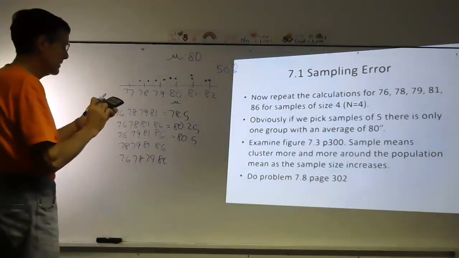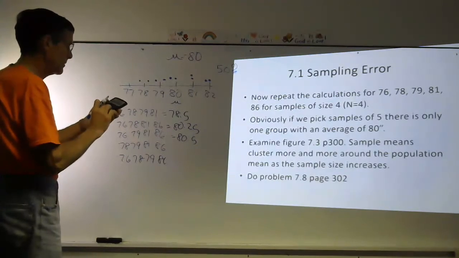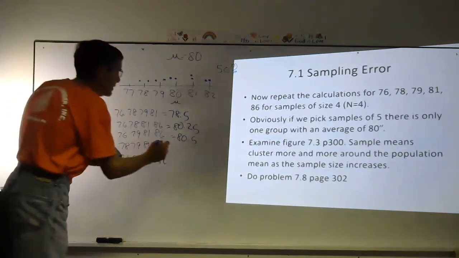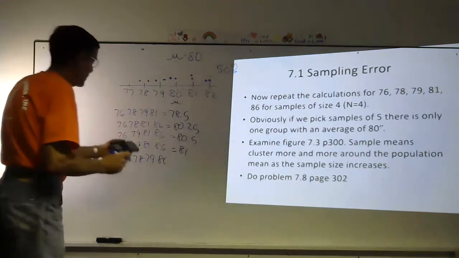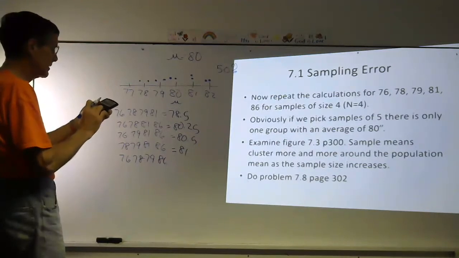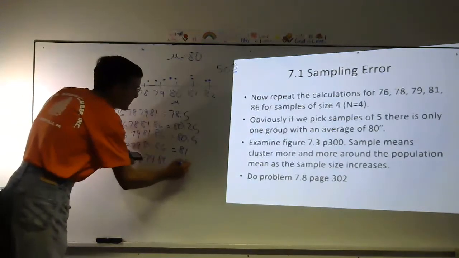Next one, 78 plus 79 plus 81 plus 86 divided by 4 is 81. And the last one, 76 plus 78 plus 79 plus 86 divided by 4 is 79.8.